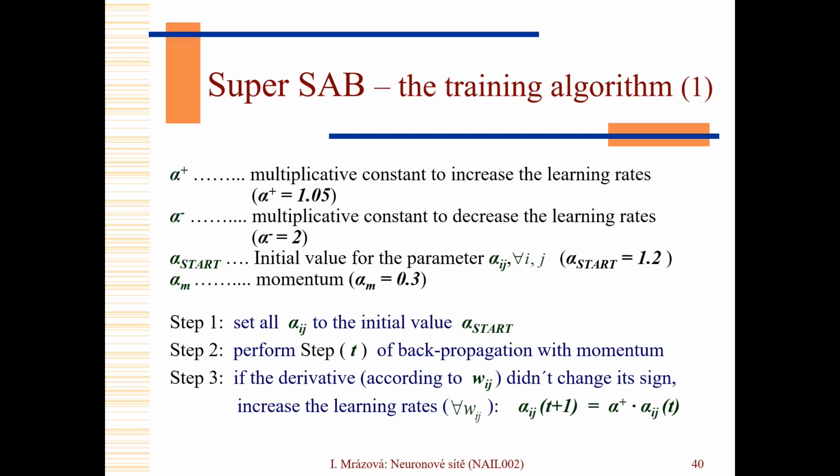So the new learning rates alpha ij at iteration t plus 1 will be set to the preceding learning rates alpha ij at t, multiplied by the small multiplicative constant to increase them, alpha plus, which we set to 1.05.